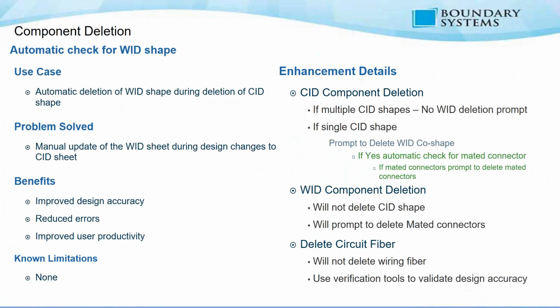Another enhancement here is about deletion. At the SID side, if you delete something at the circuit side, it will prompt you to see if you want to delete the relative connector and components on the wiring side also.